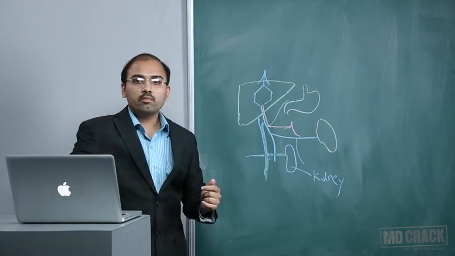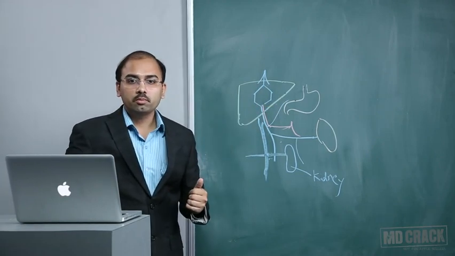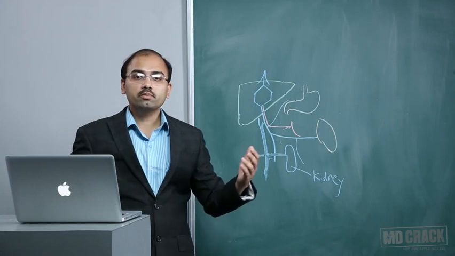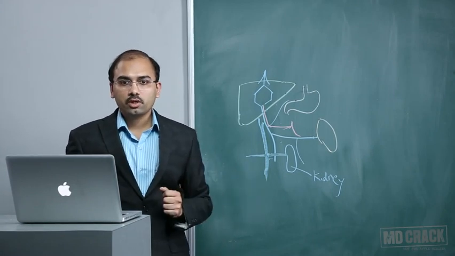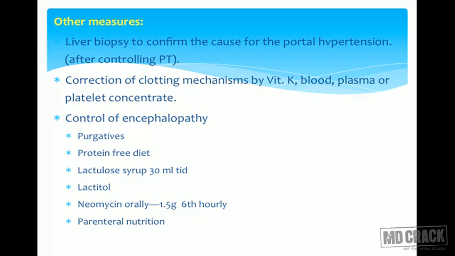Apart from all the measures to control acute bleed, you also should be treating the main disease. For that, you have to do liver biopsy to confirm the cause of portal hypertension. Before that you should be controlling PT. Before you control PT, you cannot do biopsy. Correction of clotting mechanisms is by vitamin K, blood, plasma or platelet concentrate.